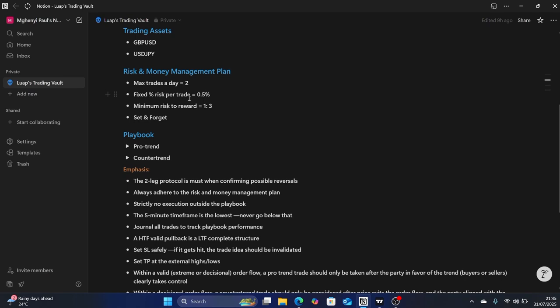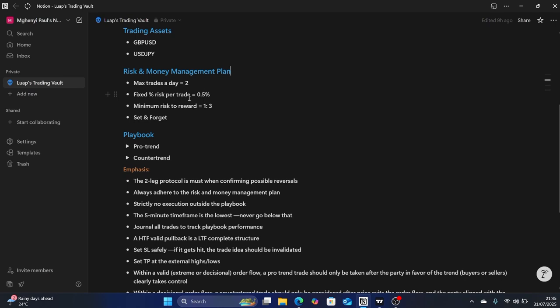This is very important. I know most of you guys are using a fixed lot size. If you're using a fixed lot size, I think this is the moment that you should stop, because your trades will have different SL pips.